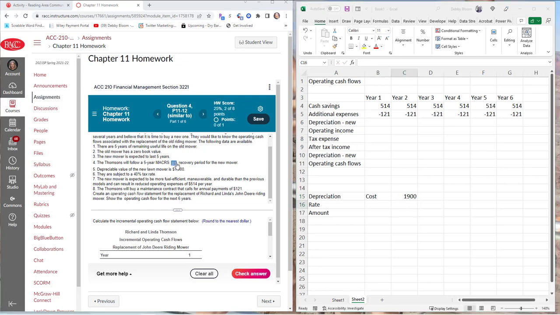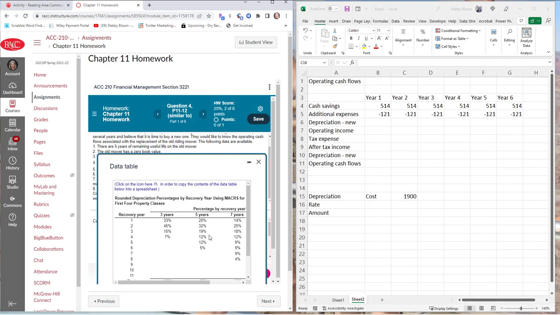So when we bring up our table, using a 5-year life, our rate in year 1 is 20%. Our rate in year 2 is 32%. Then we have a 19% in year 3. Then we have 2 12s and a 5.